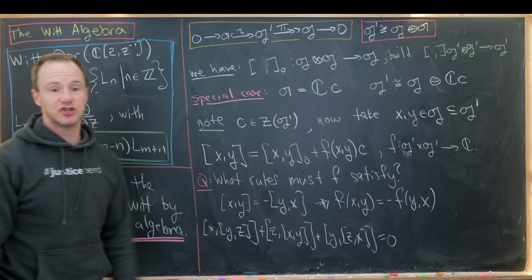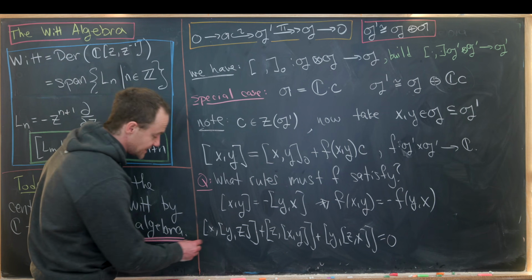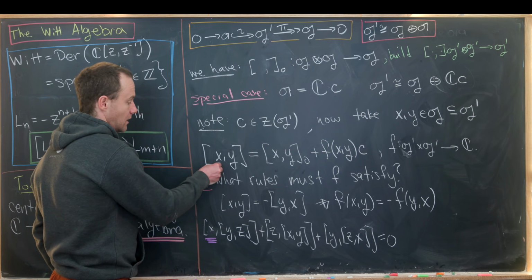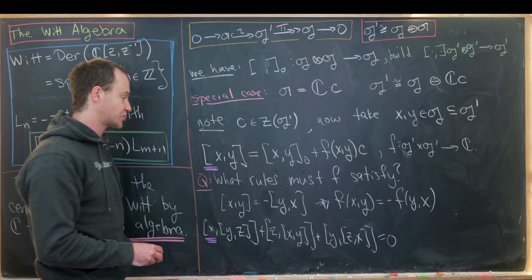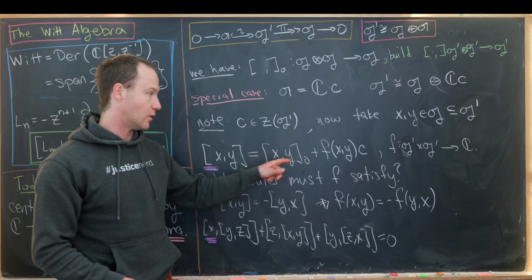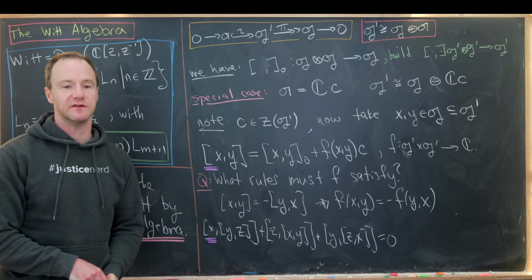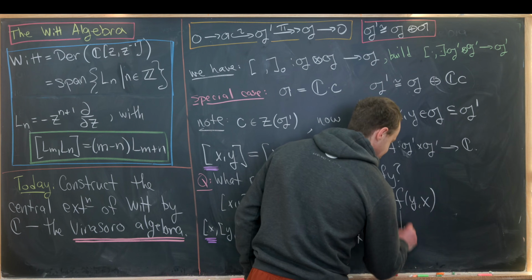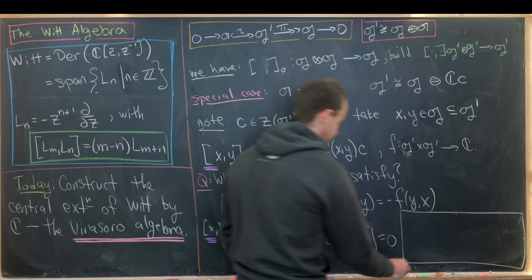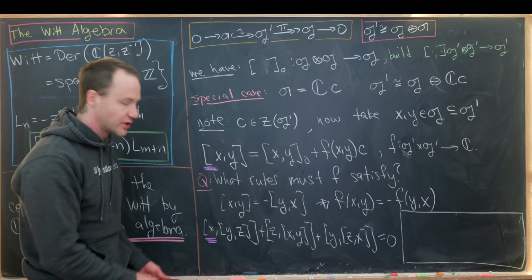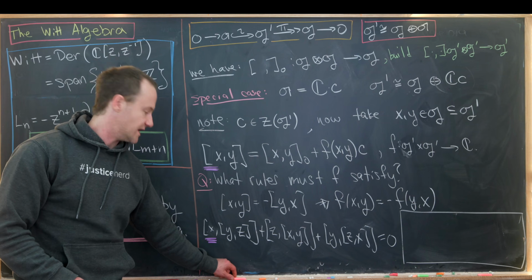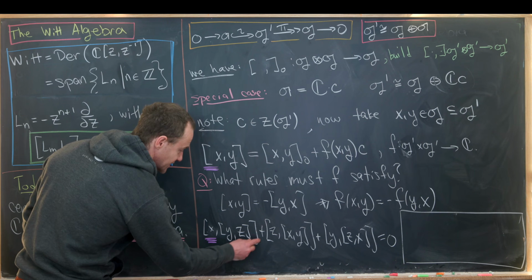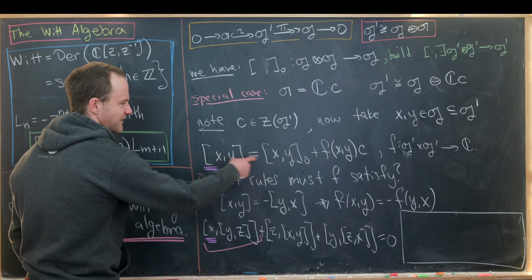That's, in fact, the Jacobi identity. But then this Jacobi identity, along with this way that we're constructing our new bracket out of our old bracket and then this multiple of C, will give us yet another rule that f has to satisfy. This is a good exercise to work through. All you have to do is replace each of these with their definition up here.